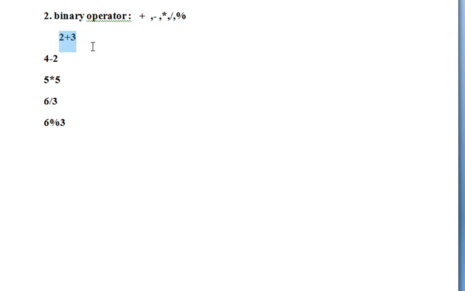Similarly, 2 plus 3 will give you output as 5, 4 minus 2 will give you output as 2, 5 into 5 will give you the output as 25, and 6 divided by 3 returns the quotient.